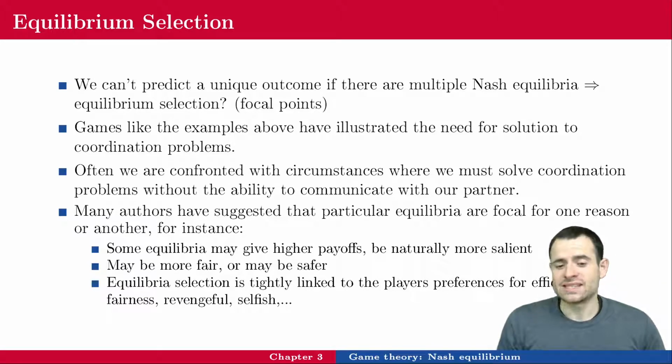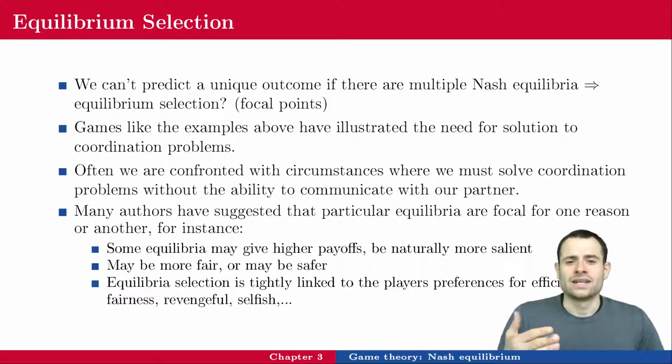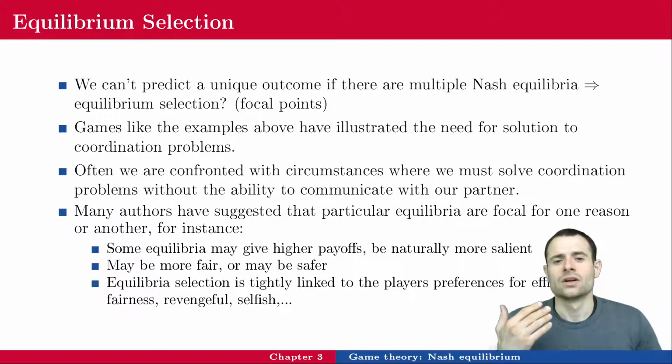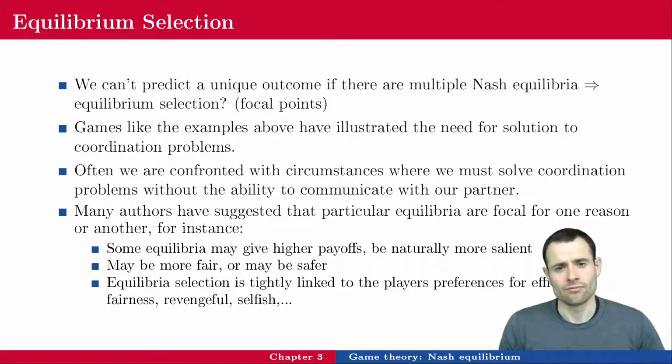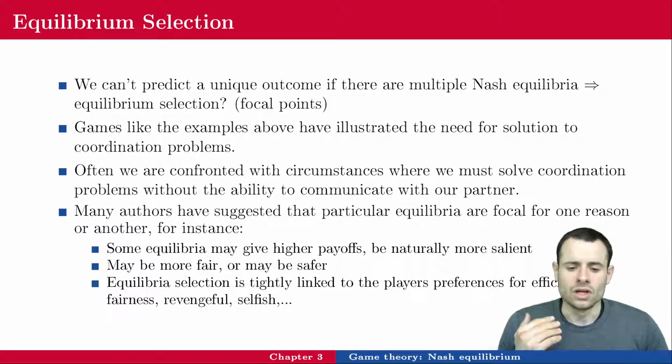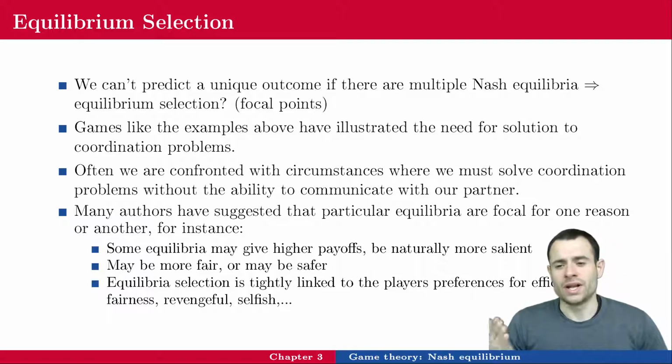Equilibria selection is tightly linked to the players' preferences for efficiency, fairness, revenge, being selfish, and so on. So we would have to add additional assumptions about what they are going to assume about the other player if we want to predict which Nash equilibrium is going to be played.